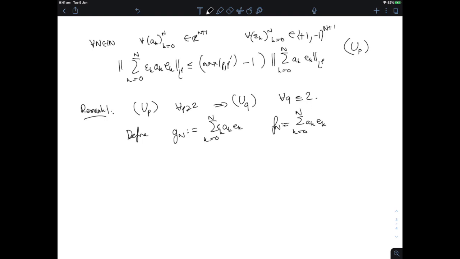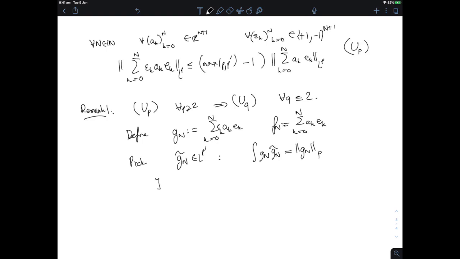Okay, now one can pick a Gn tilde in LP prime such that the integral of Gn Gn tilde is exactly the norm of Gn in LP. That's because we have the existence of norming functionals by Hahn-Banach. But Ek is a basis of LP, and the Eks are orthogonal to each other in the L2 sense.